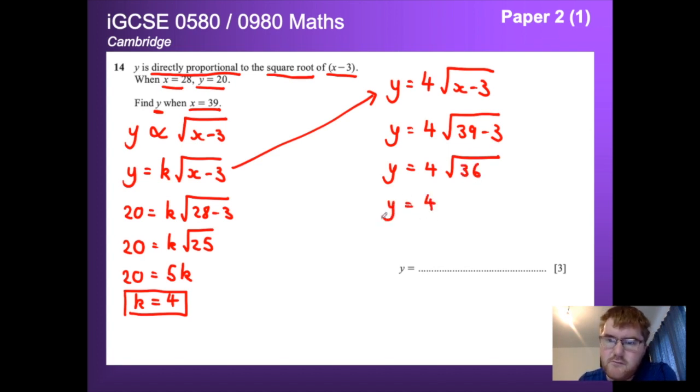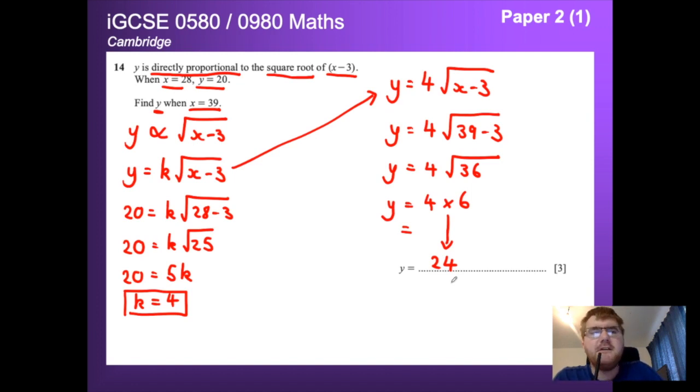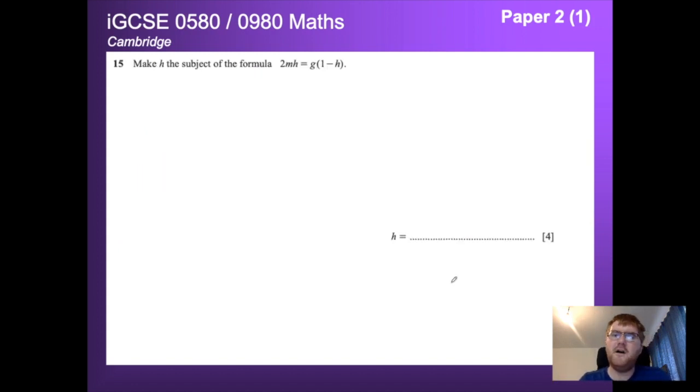The square root of 36 is equal to 6. And now we do our multiplying. 6 times 4, look at that, all perfectly put on the page, is equal to 24. And we get there. This is a very common kind of question. If I remember my predictions correctly, it's in the often category, so make sure you can do this kind of standard 3-mark question.